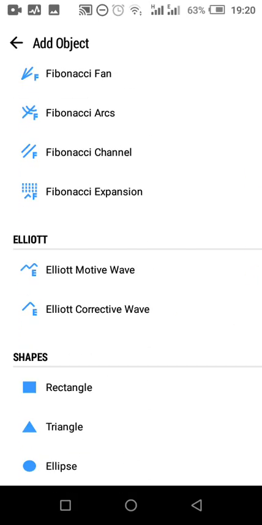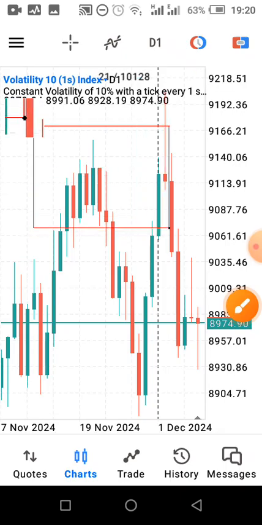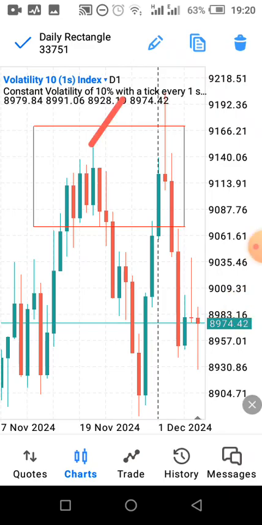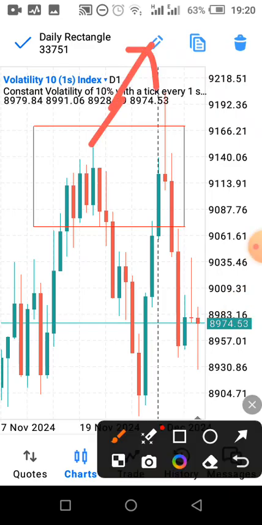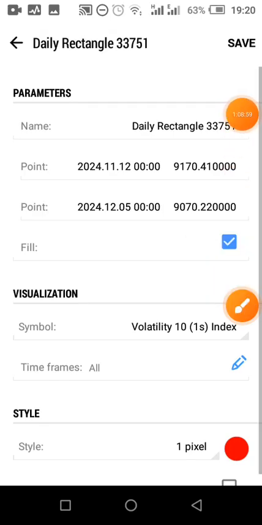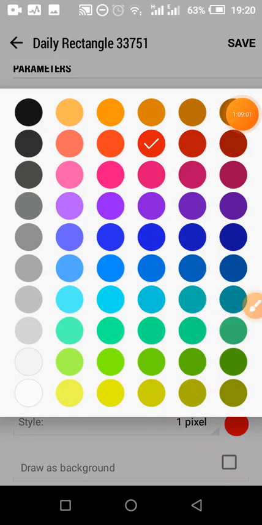So if you come to your shapes, to your rectangles, and on a higher time frame, if you draw the shape, you can even edit it after long pressing it. Select on the pen and then even select on fill, so a color will be put inside, and maybe you may want to select a lighter color so that you will still be able to see your candles.